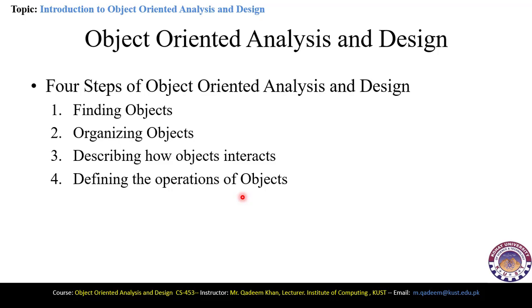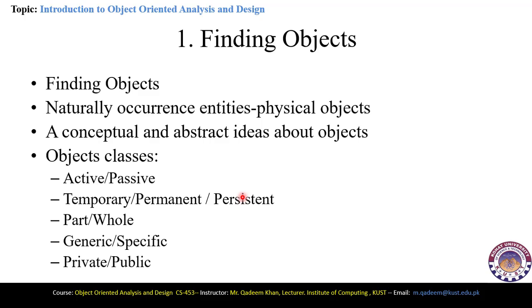Now here we will explain each and every step in detail. Finding the objects: here we will identify different objects that exist in the problem. It is the natural occurrence of the entities or the physical objects. The objects are basically the entities, the physical components of the problem.